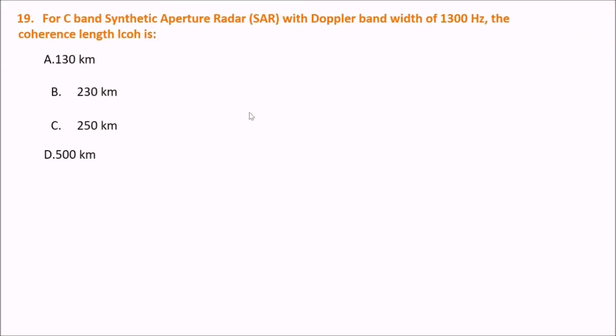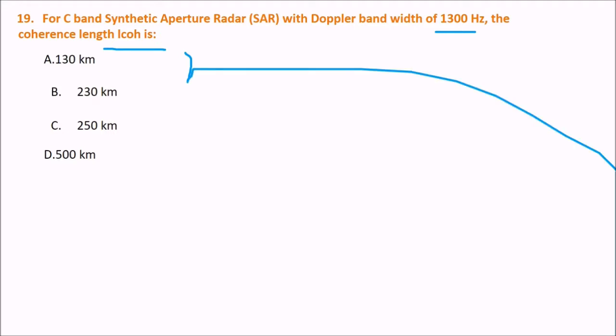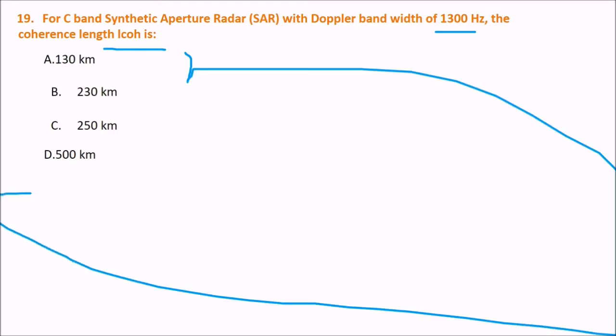Next question is, for C-band SAR, synthetic aperture radar, with Doppler bandwidth of 1300 hertz, what is the coherence length LCO? Can you answer this? We really have to compute this. For 1300, the answer is 230.